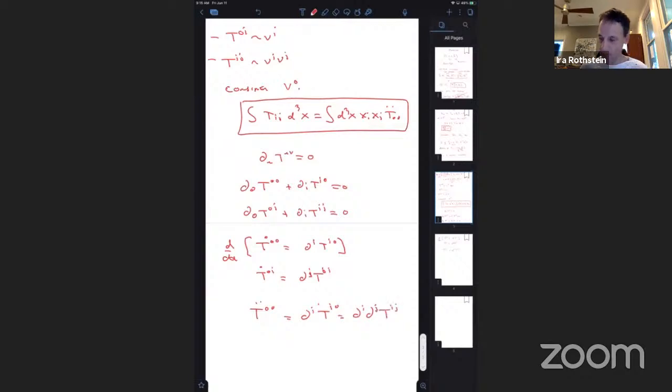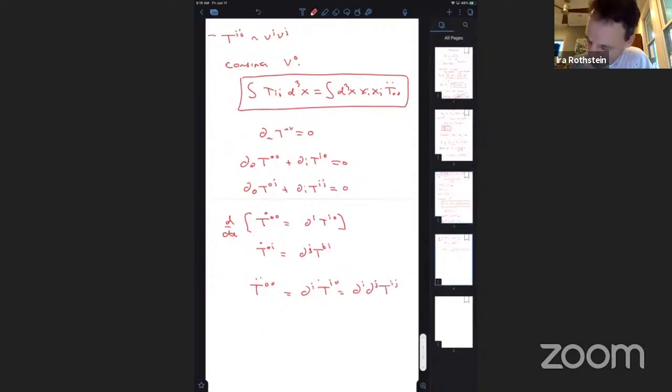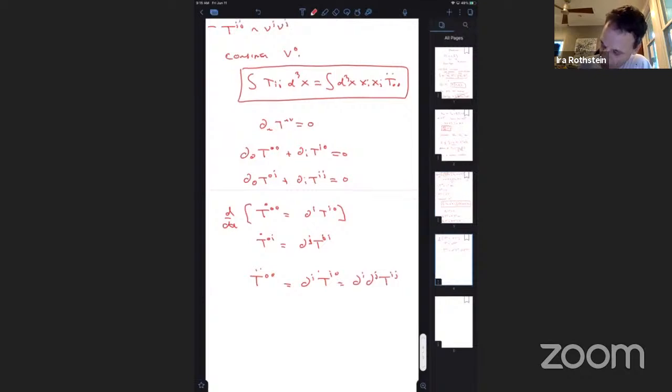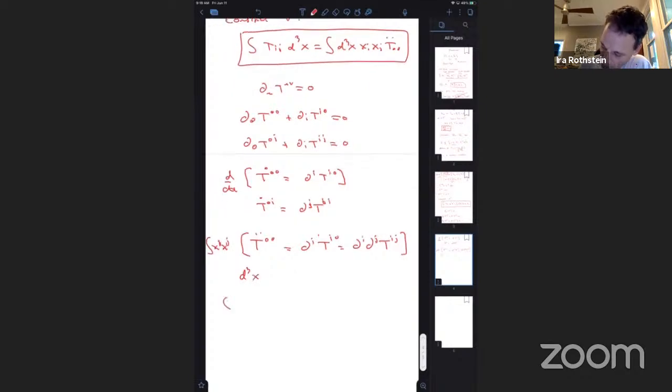So why is this useful? Okay, so now let me integrate this equation. So now I've got xi xj T double dot 00. Actually, let me write it as AB.